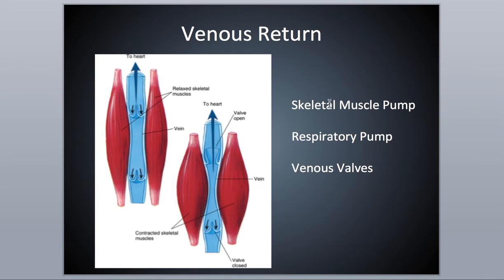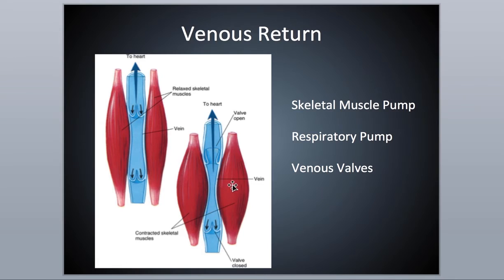All right, so we have the skeletal muscle pump. If you look at these pictures, look at these muscles as being muscles within the lower body, within the legs. Every time you squeeze the muscles, you're milking and squeezing the blood up, because the blood needs to overcome the force of gravity a little bit.